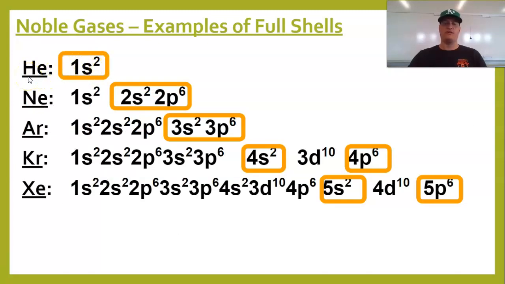There is no p for helium. We get s2, p6, s2, p6, s2, p6. Note that d electrons are found at a lower energy level and therefore not included. When we talk about valence electrons, we'll talk about these as being the highest energy level. The highest energy level is energy level 4. So d electrons will never be what are called valence electrons.